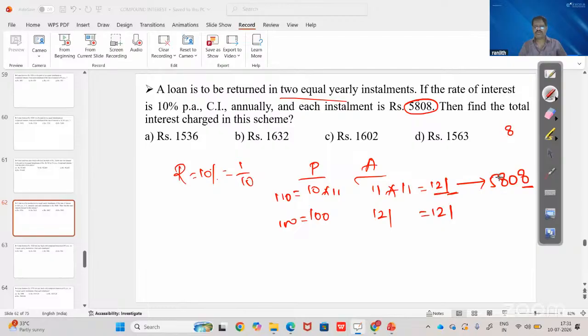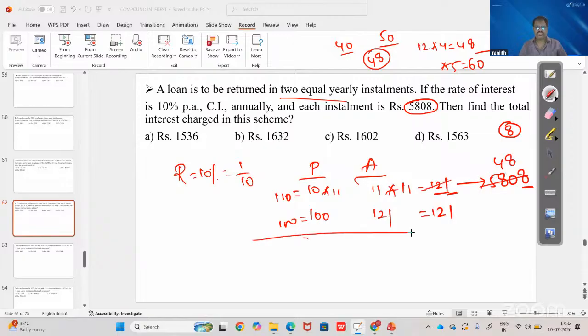So what is the rest of the value? 12 into 4 equals 48. 12 into 5 equals 60. So 58 lies between 40 and 50, and the unit digit ends with 8, so that will be only one thing, 48. In the 121 table it is getting 48 times.